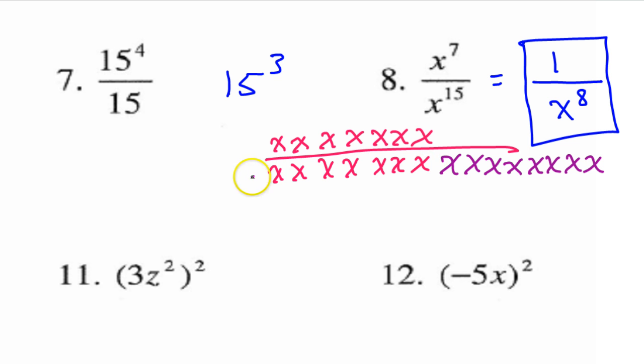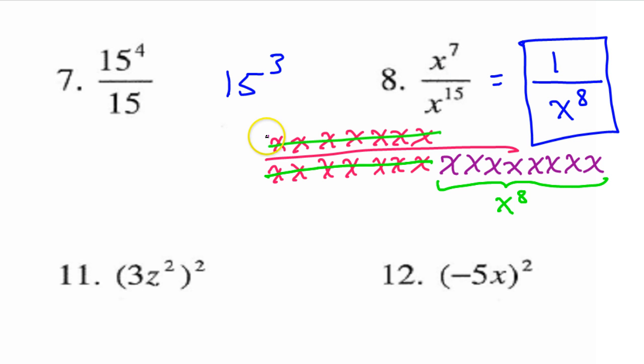So I colored the first 7 x's pink and the last 8 of them purple, but that's a total of 15. But of course I did it that way because the 7 x's in the numerator and the 7 x's in the denominator are going to cancel out. That's going to leave 8 x's. Okay, this is our x to the 8th power. But look, they are in the denominator. So we need this 1 in the numerator.